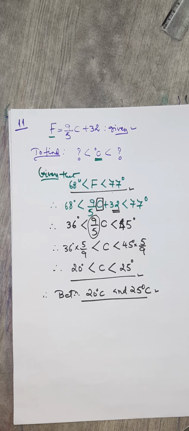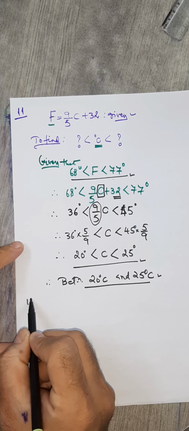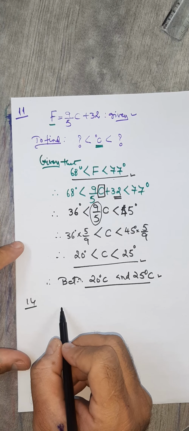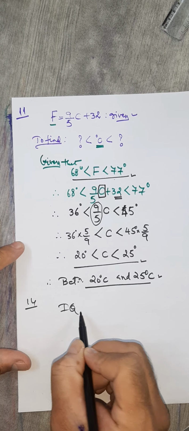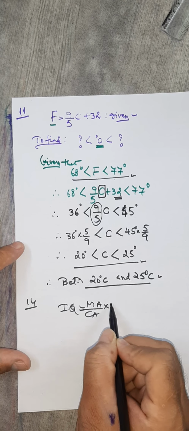Now the next two questions are important, 12 and 13. 14 is like this only. So let me do 14 first. Question number 14 I'll do first. You are given some relation for IQ of a person. IQ is given by MA upon CA into 100.